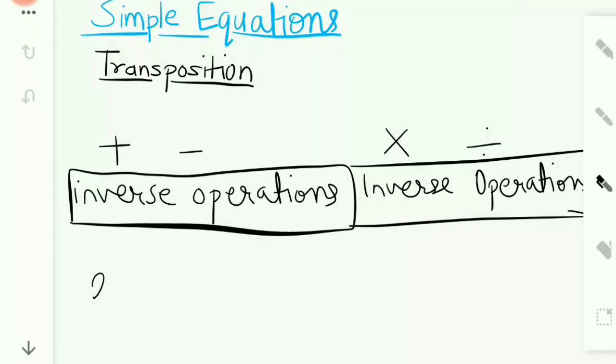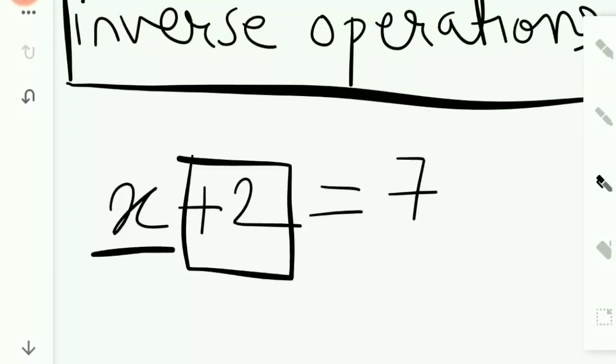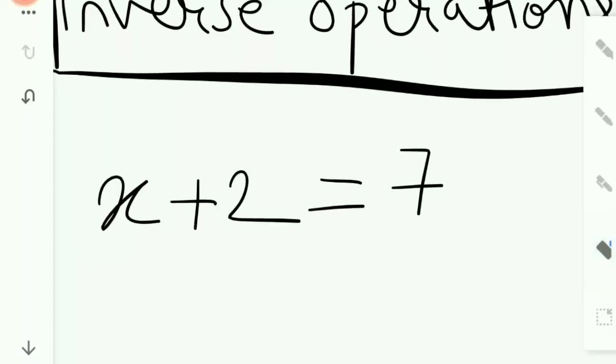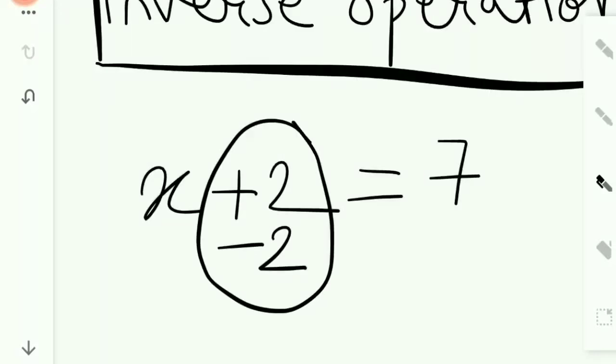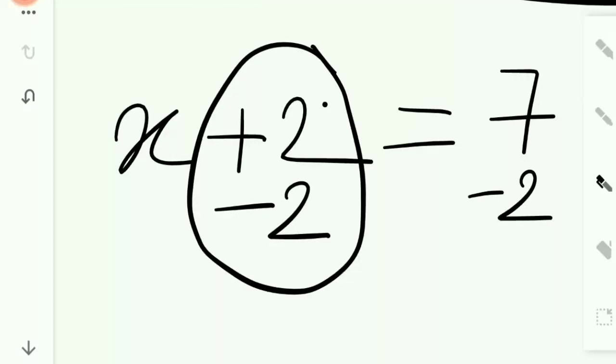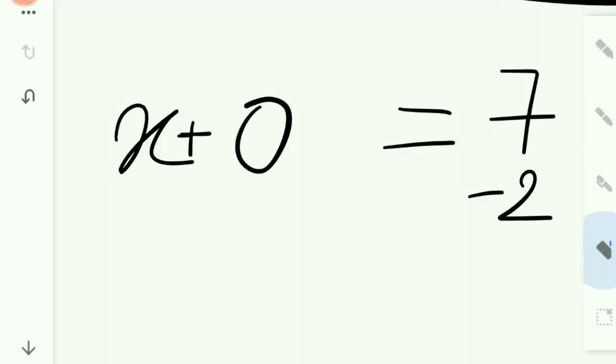Inverse operation means that I have x plus 2 equal to 7. So to get the value of x, the plus 2 here we will have to remove. Now how do we remove it? We have to do the inverse operation. This is plus 2, so if we do minus 2, this added plus 2 will be undone and only x will remain on the left hand side. Now if we have done minus 2 on the left hand side, we can't leave the right hand side as it is. We will have to do the same thing on the right hand side as well. So we will subtract 2 from the right hand side as well. So plus 2 minus 2 cancel each other out. A big 0 will remain here. x plus 0 is x.